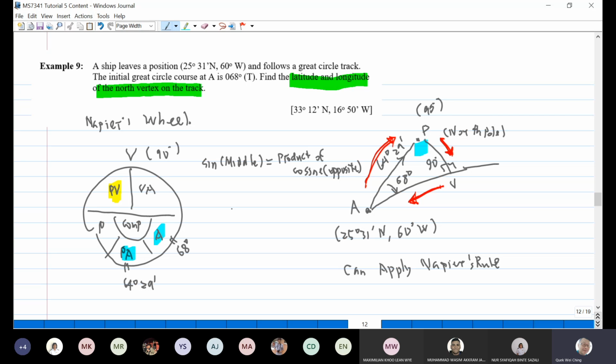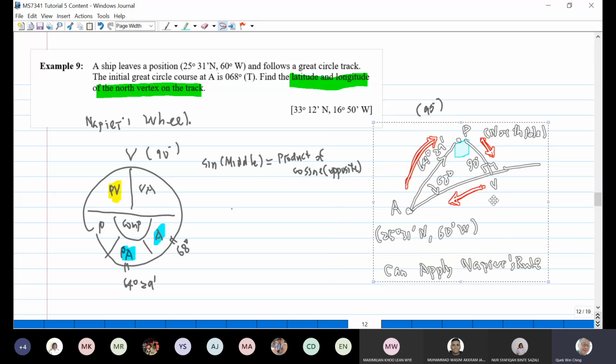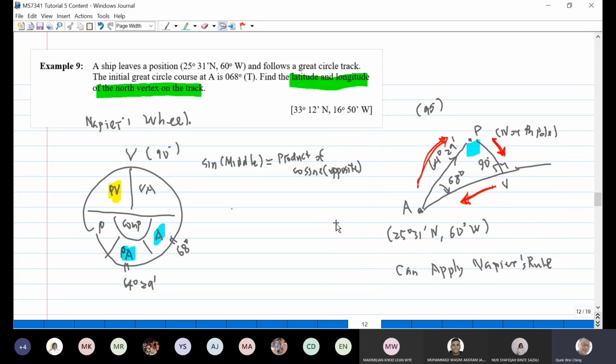Let me move this away a little bit so I have more space here. This is actually the product of cosine of opposite. So how do I write it down now?